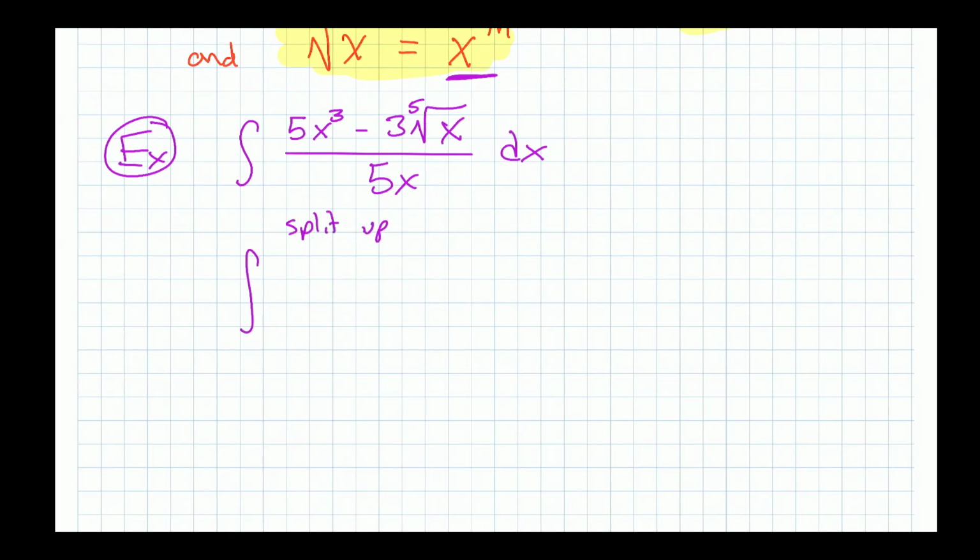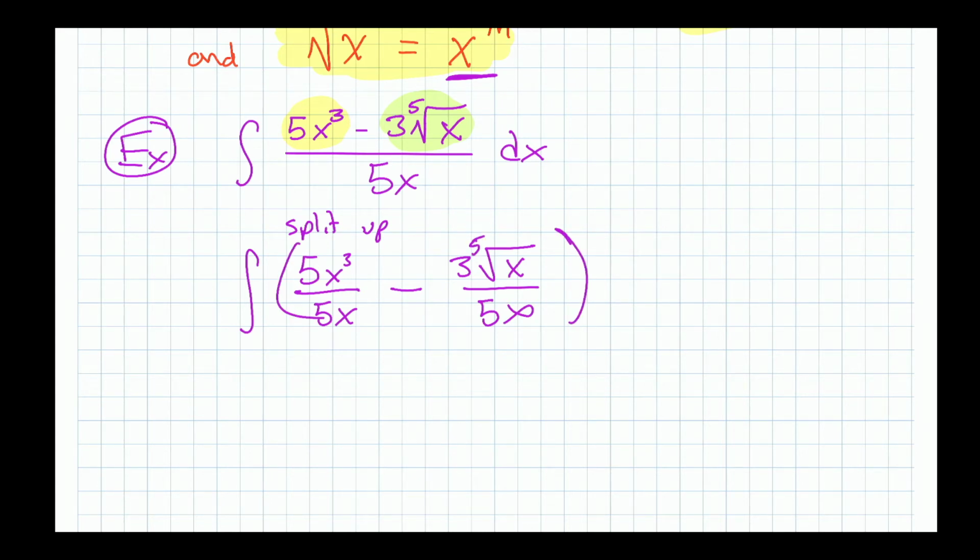So we're going to have an integral of the 5x to the 3 over 5x, and then minus 3 fifth root x over 5x. All of that with a dx.